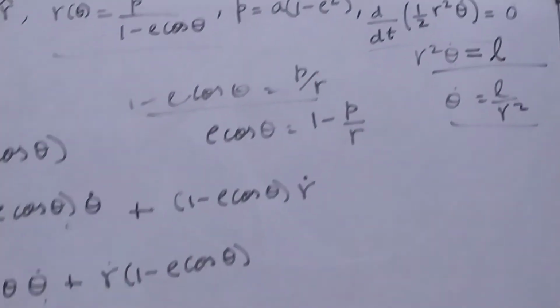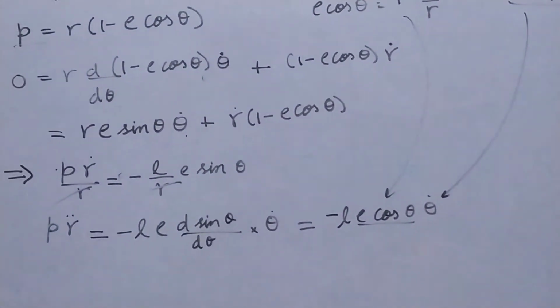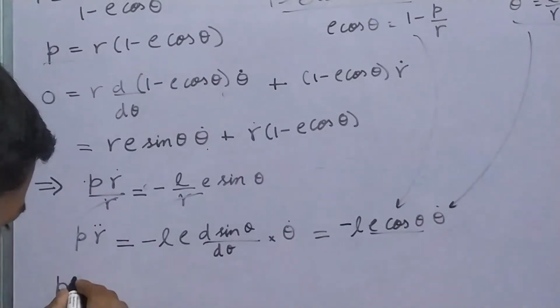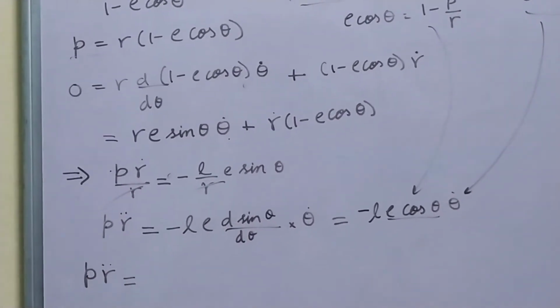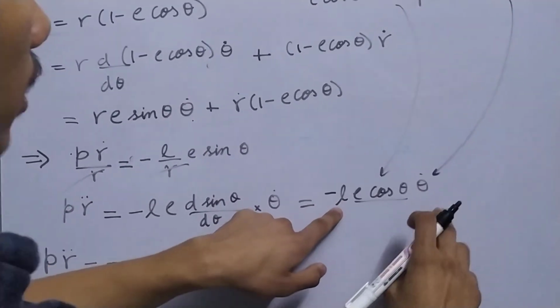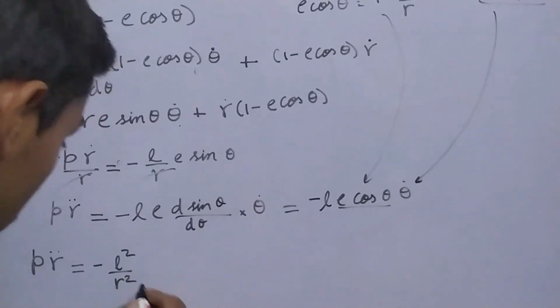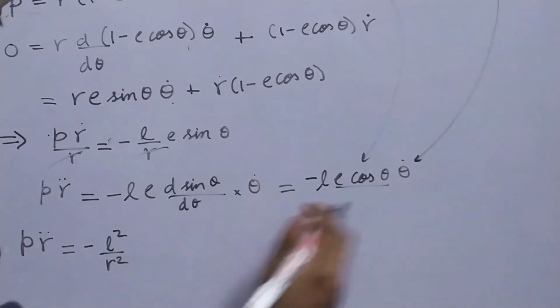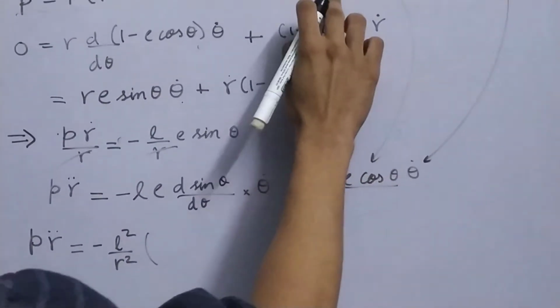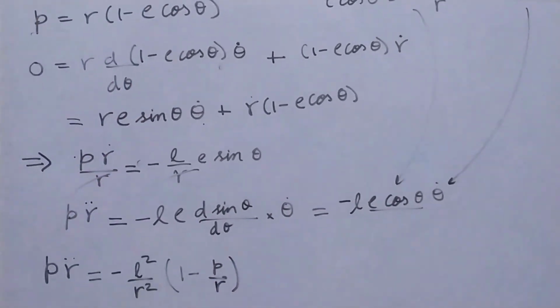So again we plug these right here, we get p r double dot equal to minus, so L times theta dot, so it will be L square upon r square times e cos theta. e cos theta is this term, 1 minus p upon r.